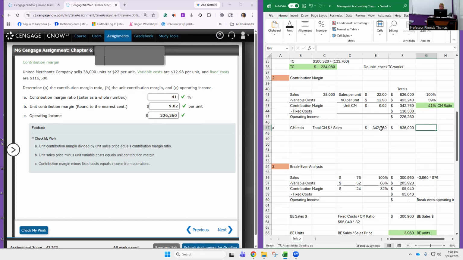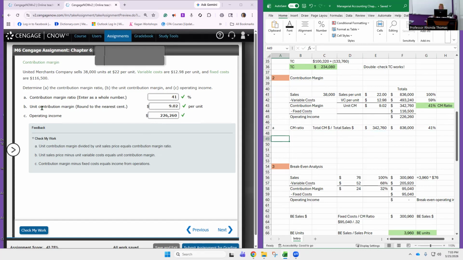This is your total contribution margin divided by your total sales dollars. I'd like to put dollars when they're dollars, so you don't get confused. This math also comes out to 41%. So we just reconfirm that one.